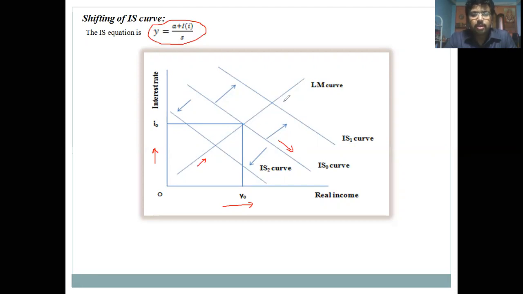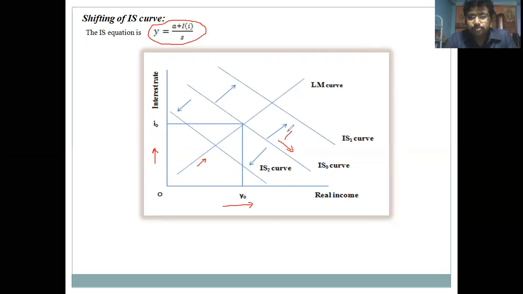Now there are some factors for which there is a shifting of the IS curve. If new investment is found profitable, then the IS curve will shift up.